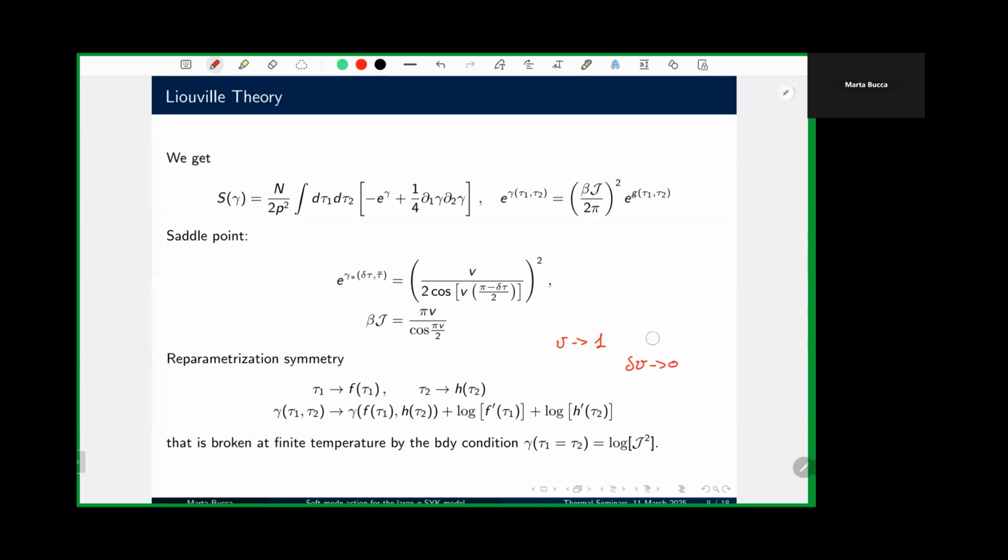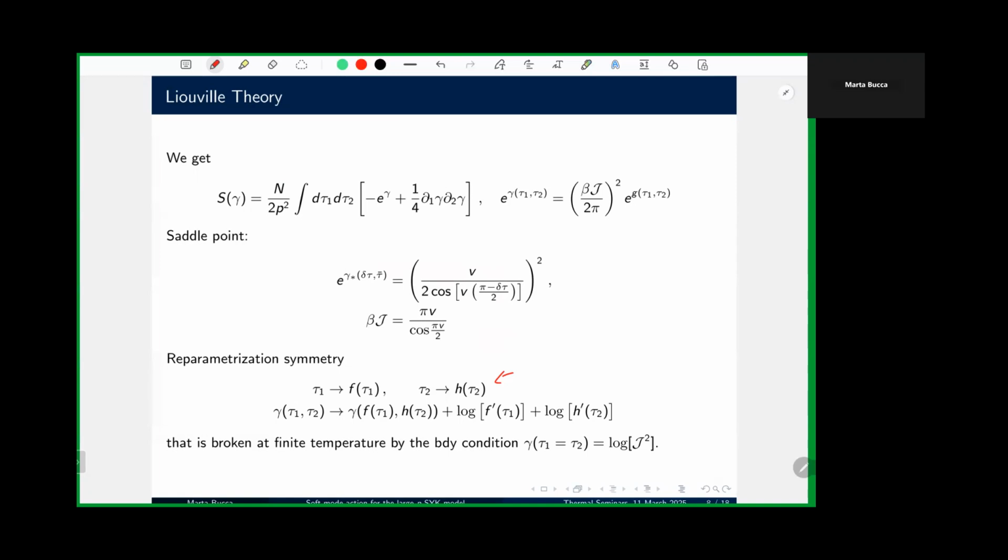let's talk about reparameterization symmetry. Of course, we still have an emergent reparameterization symmetry at large P. In particular, you can reparameterize tau 1 as f of tau 1 and tau 2 as h of tau 2. This looks like more symmetry than what we started with.